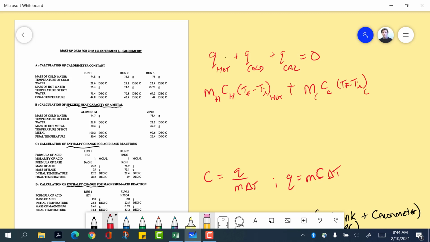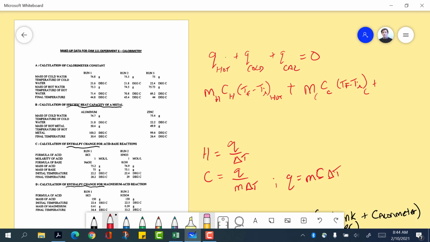And also remember that we defined heat capacity as the heat flow divided by the change in temperature. Well, the heat capacity of the calorimeter, that's what we're trying to find here.